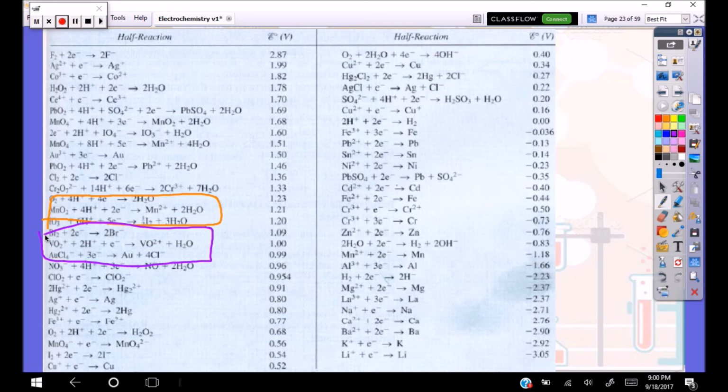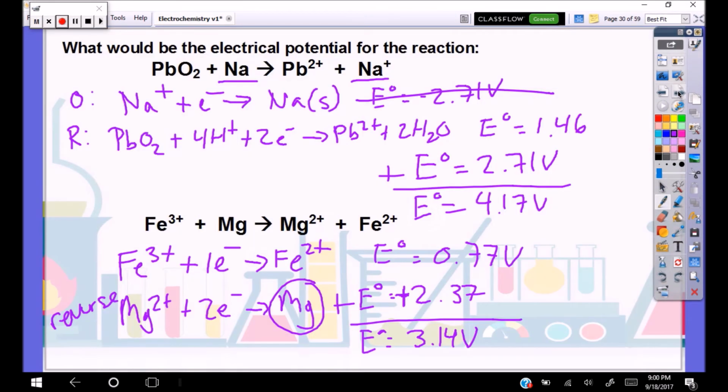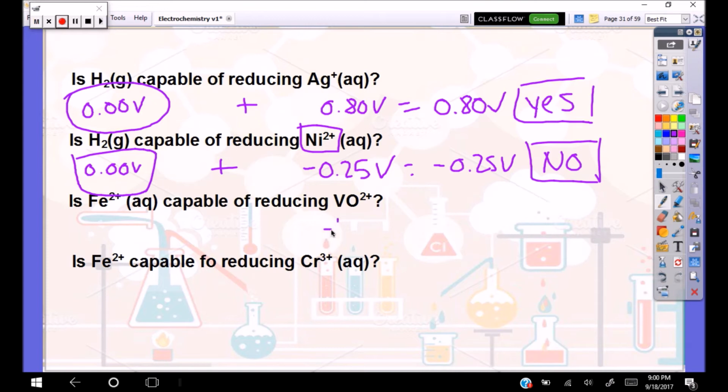So we want to reduce VO2+. So this is currently in the reverse order. We know we're going to have to reverse this one. So we know we're going to have a negative 1.00 volts. And then we want to find iron 2+.